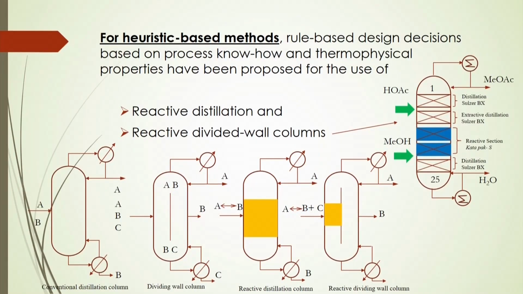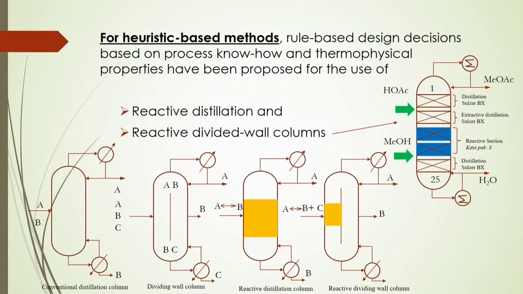So, for heuristic based methods, it is generally rule based design, with decisions based on process know-how and thermophysical properties, that have been proposed for the use of reactive distillation and reactive divided wall columns, as shown in the figure in the slides.